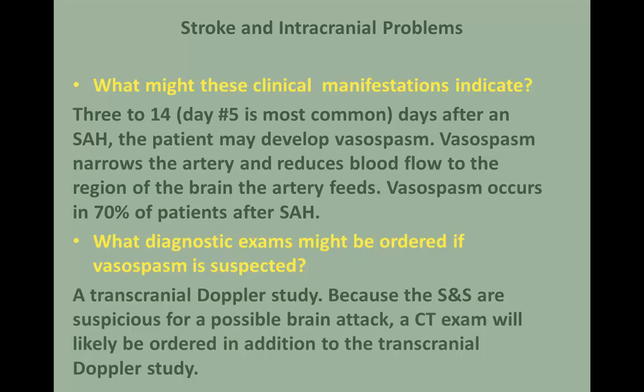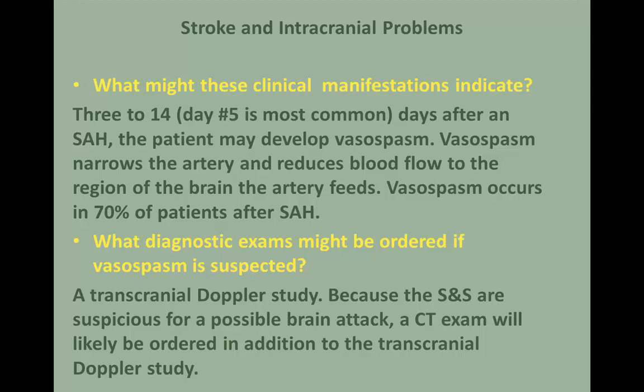This profound vasospasm, because they have a headache, can look like an intracranial hemorrhage, because these patients are always at risk for rebleeding, or they can have an ischemic stroke, or this can be vasospasm. So you've got 3 possible causes of these signs and symptoms. And because it is a subarachnoid hemorrhage, in 70% of these individuals do get vasospasms. So that's probably what it is.